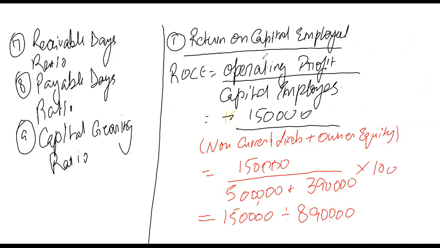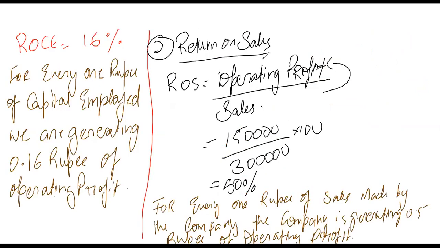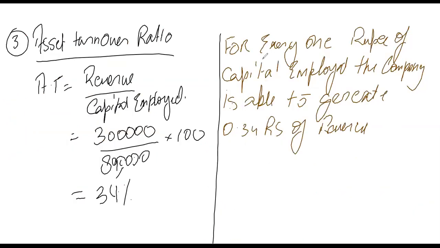Okay, so up till now we have calculated 3 ratios related to the profitability of the company. The return on capital employed depicted that for every 1 rupee of capital employed that you have invested into the company, it is able to generate 0.16 paisa of operating profit. Return on sales stated that for every 1 rupee of sales that you made during this current year, you are generating 0.5 paisa of operating profit.